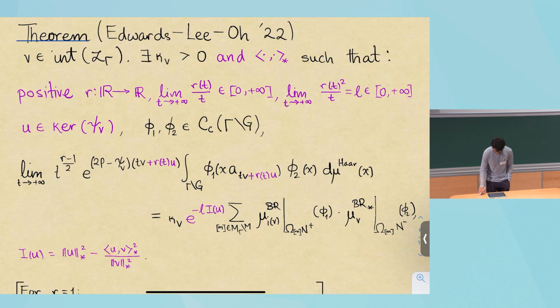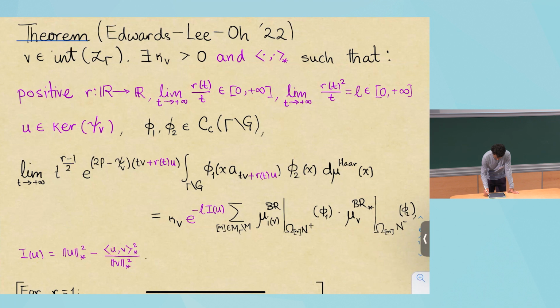He's asking if, because of this condition, RT squared divided by T has a limit, maybe the limit of RT over T is always equal to 0. No, you're allowed to take, for example, RT equals T. Then that will be infinity, then it is just 0.